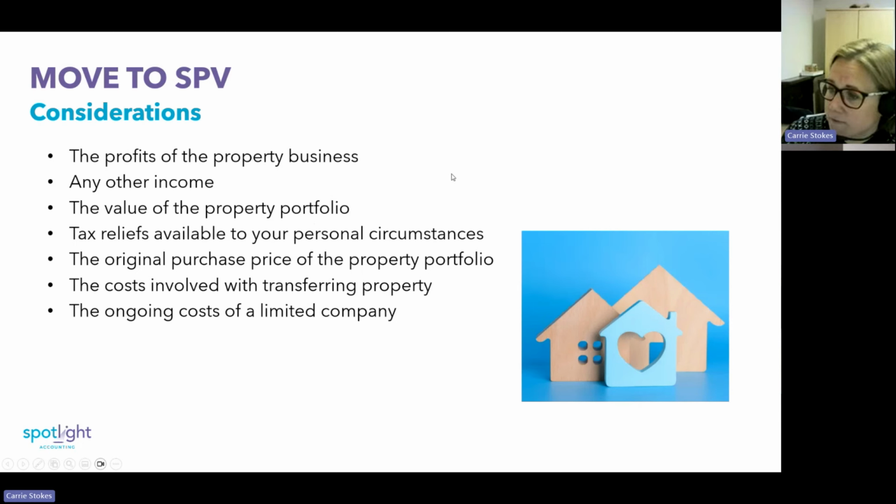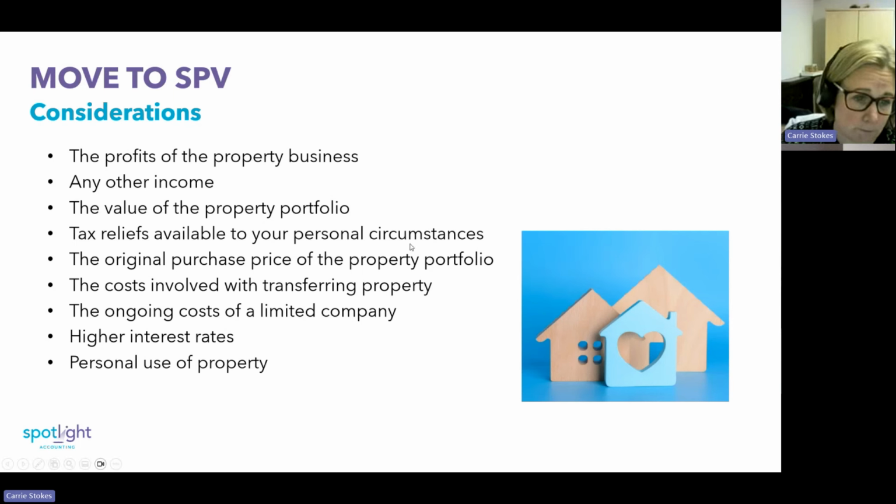The ongoing costs of running a limited company. So not only do you have to pay more in accountancy fees, most limited company banks charge for the account, and also SPVs, limited companies, tend to have higher interest rates with lenders than personal landlords.